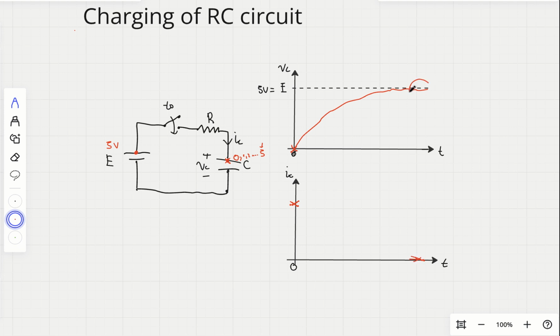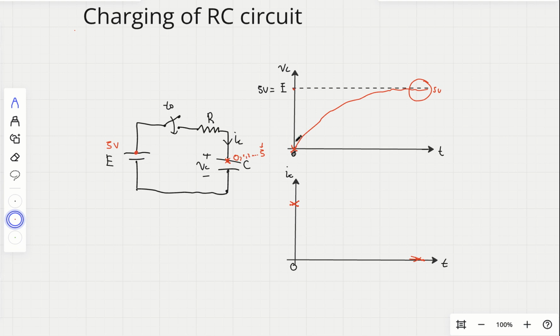So at this point, we can see the capacitor is fully charged. Okay, the voltage across the capacitor is 5 volts, fully charged, and there's no potential difference, so current won't flow. We can also notice that while the capacitor is being charged, the potential difference between this point and this point is decreasing.